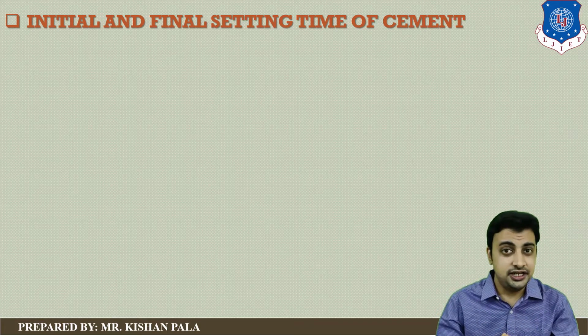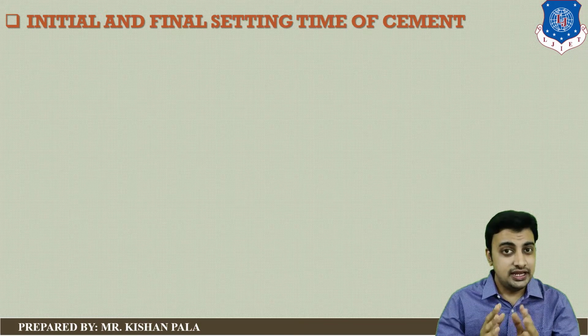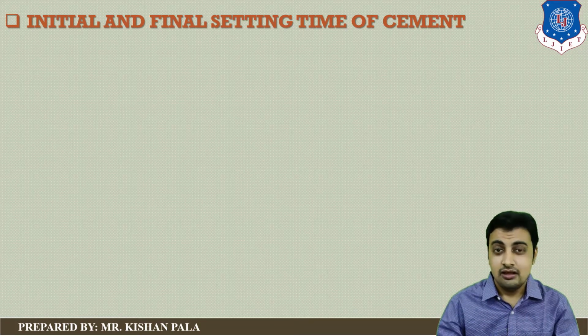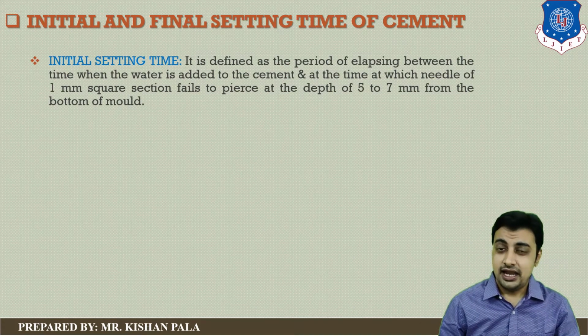This test is divided into two portions. In the first portion, we will find the initial setting time, and then we will find the final setting time of cement. What is initial setting time?